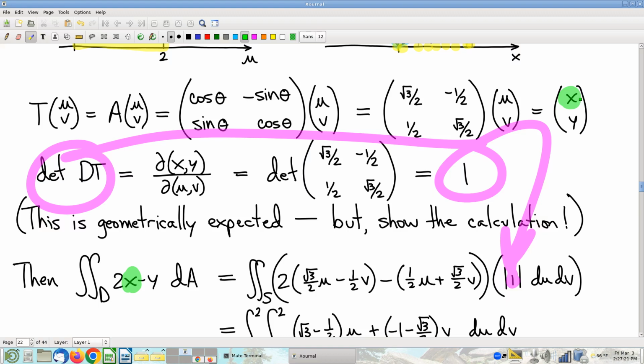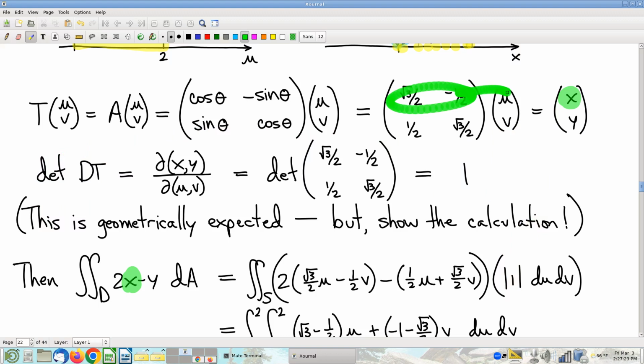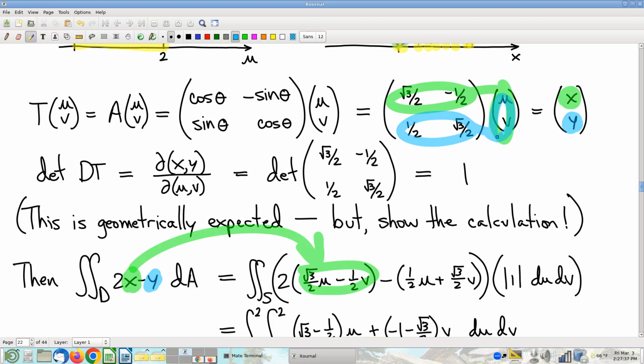So right here from this matrix multiplication, x is that. And likewise, this y right here is that.